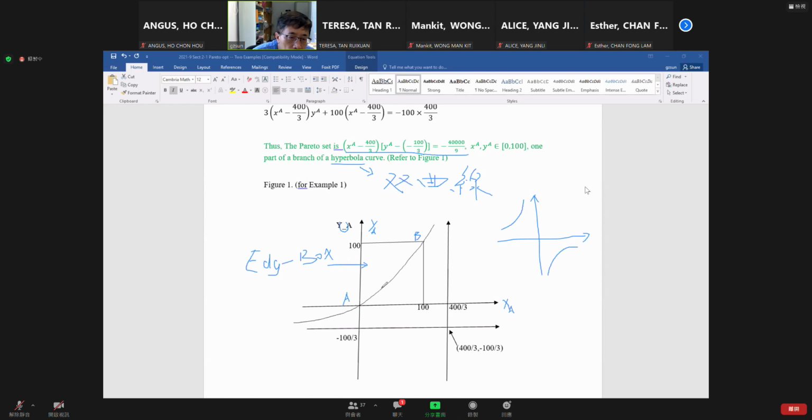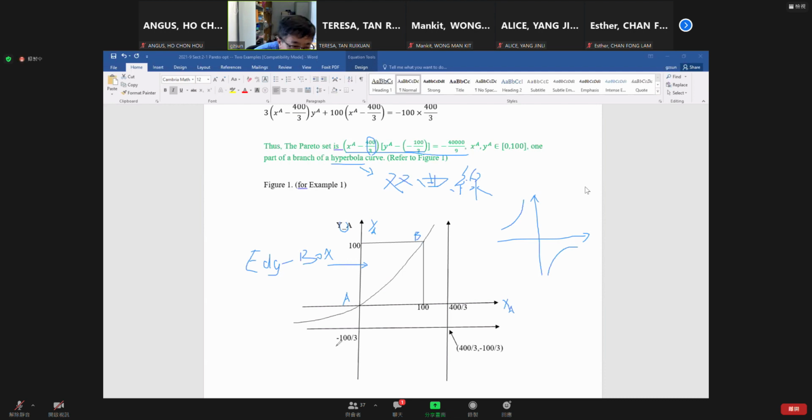And how does the curve in between look? This curve tells us. And if we change this framework from 0, 0 to this point, 400 over 3, for the horizontal variable, and for the vertical variable, we also move this one to a new origin point, to this point.